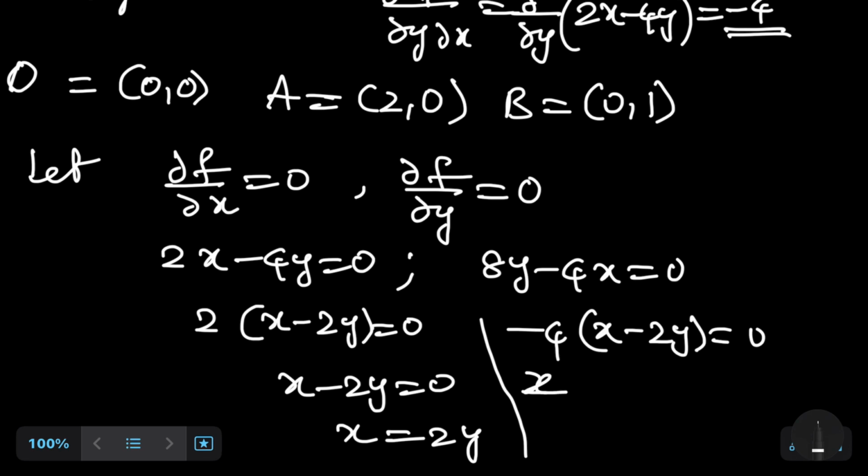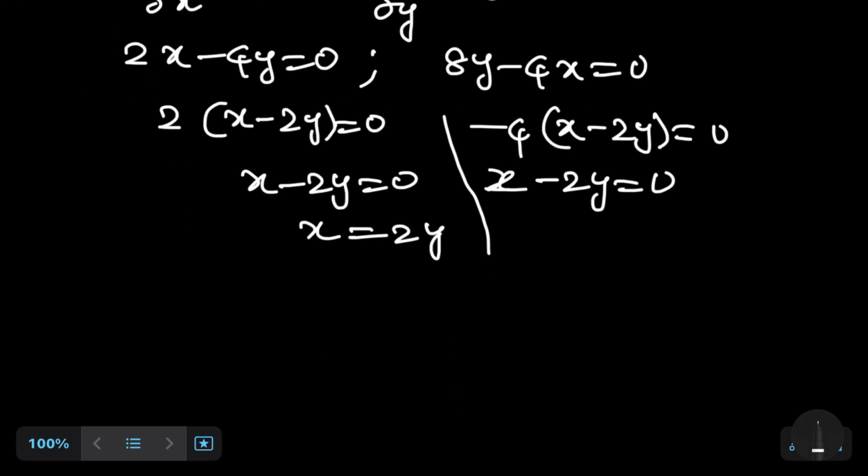You observe that both equations are the same. So let x = 0, then y is also 0.